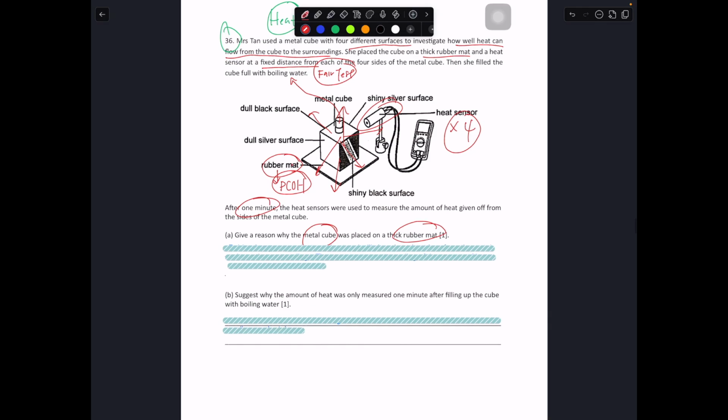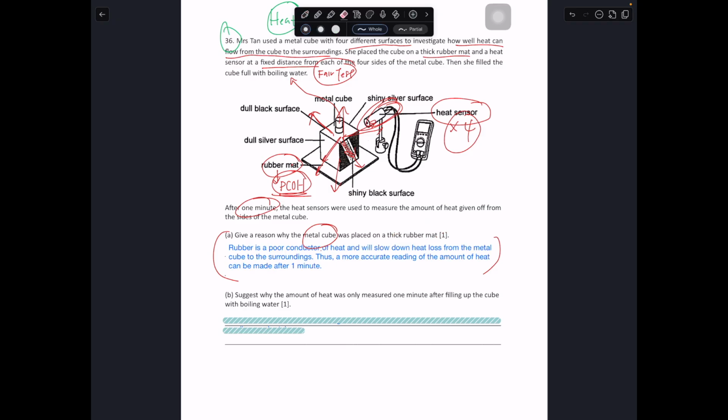This is why they want to do this, so that it ensures that most of the heat can be lost through all the 4 different surfaces, and ensures that the reading taken by the heat sensor will be more accurate. So this is actually more of an accuracy control or experiment design, so that you can capture the amount of heat given out by each surface more accurately, because there's less heat lost through the rubber mat placed at the bottom of the metal cube.